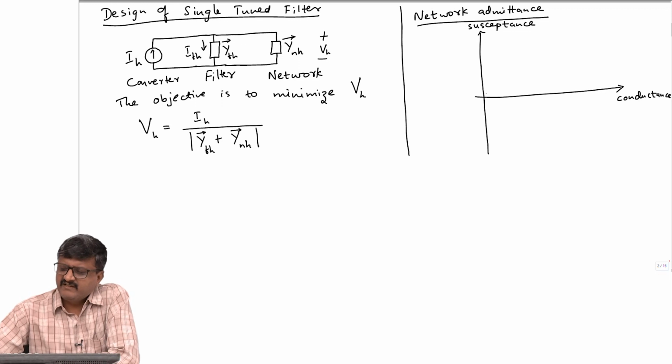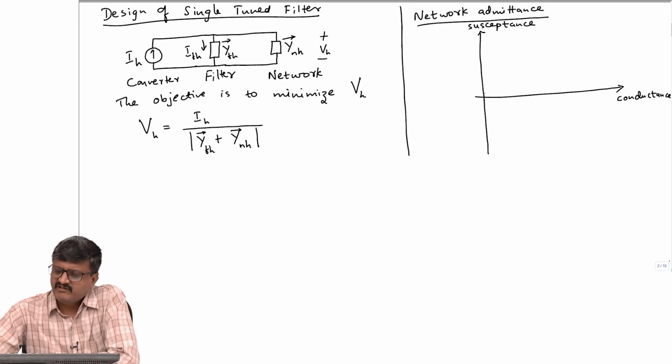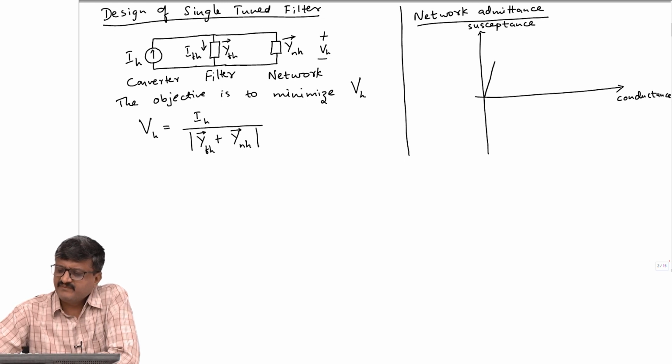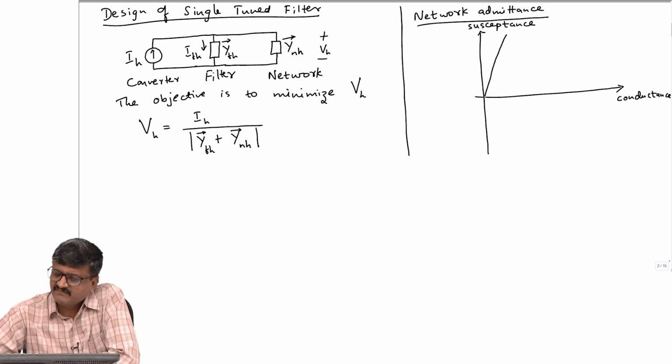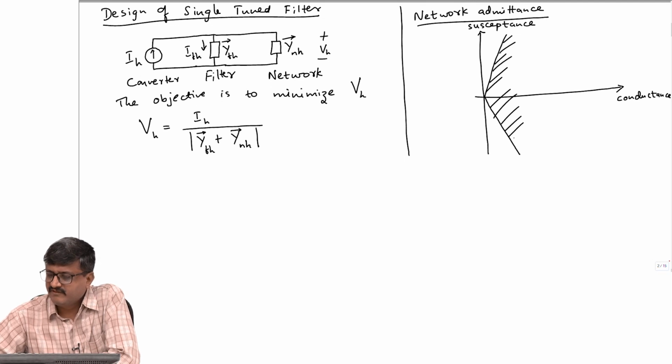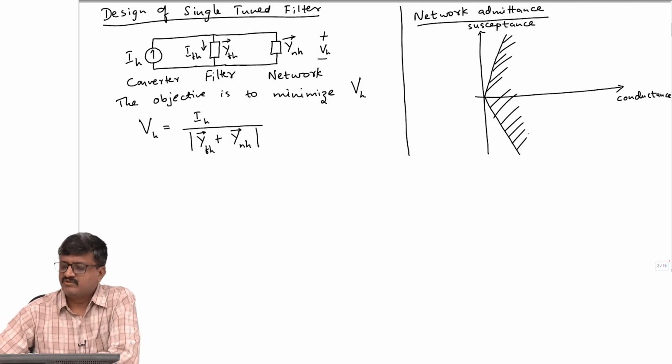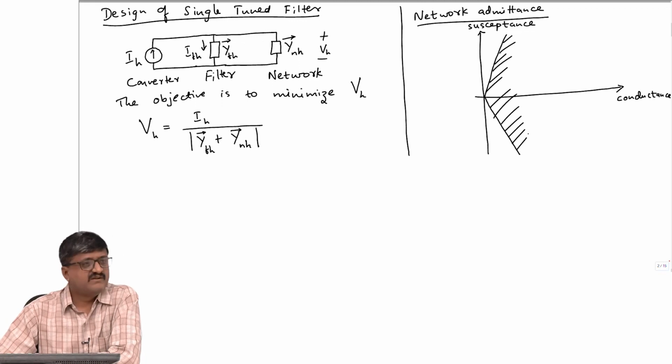So, it does not lie in the entire first or fourth quadrant. It can be shown that it lies in this sector. There are two straight lines passing through the origin.